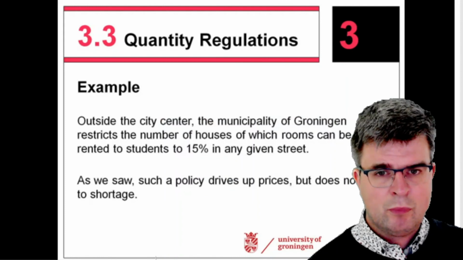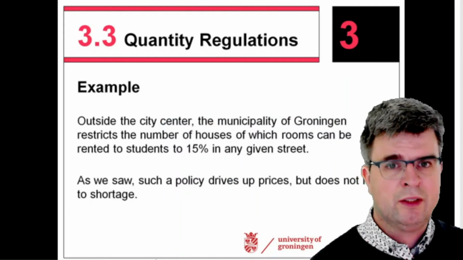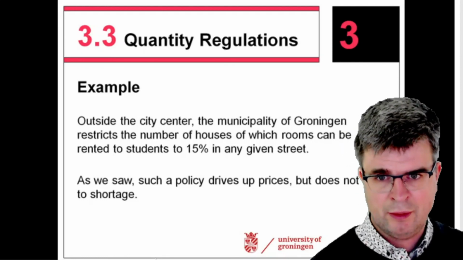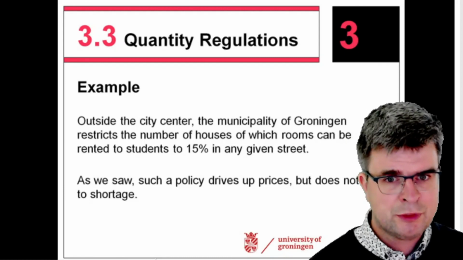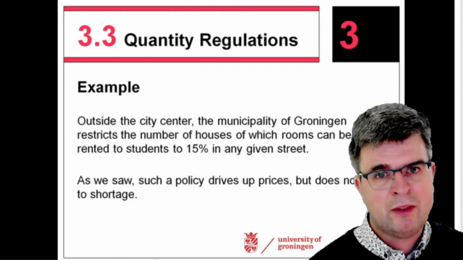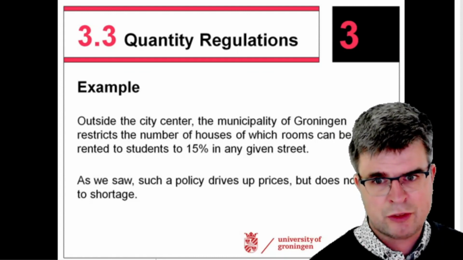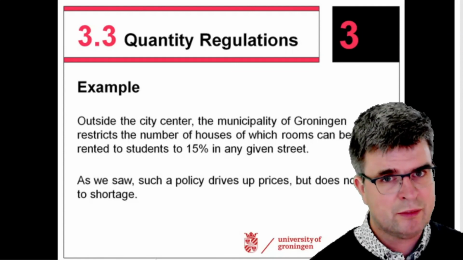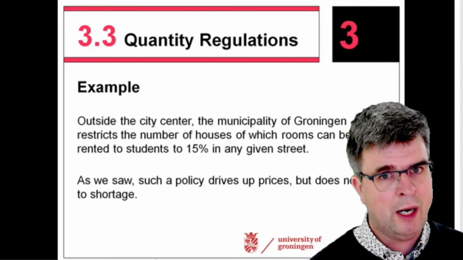And more locally, also in the municipality of Groningen, in the city, regulations are in place. One regulation that may have hit you is that the number of houses of which rooms can be rented to students is capped at 50% in a given street. And as you saw in the previous graph, if you create such a quota, you create scarcity, and it will lead to higher prices.